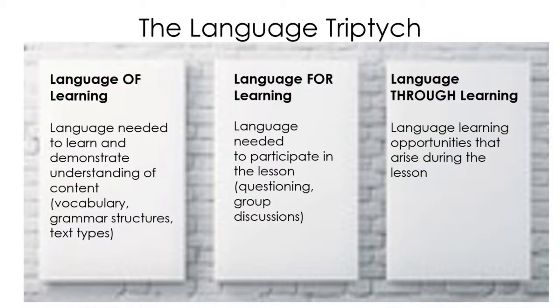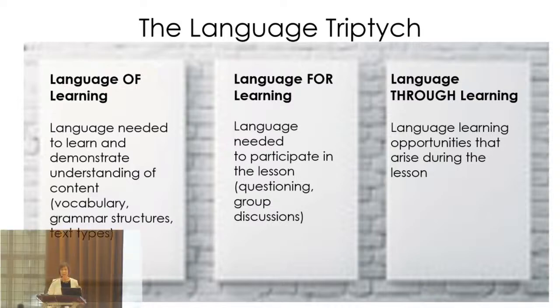Last idea, the language through learning. The language through learning is something you cannot plan before class. This is the language that happens when students ask you questions in class, and then you have a golden opportunity to help to correct their language.